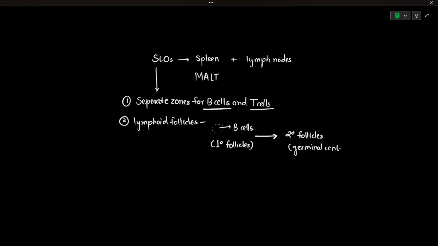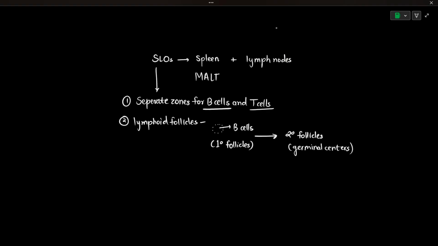Germinal centers are basically the areas where the B cells get activated and produce the antibodies. So this is the basic difference between primary and secondary follicles. Primary follicles do have B cells, but the secondary follicles have activated B cells, the ones which are going to produce the antibodies. So these are the common features shared by the secondary lymphoid organs.